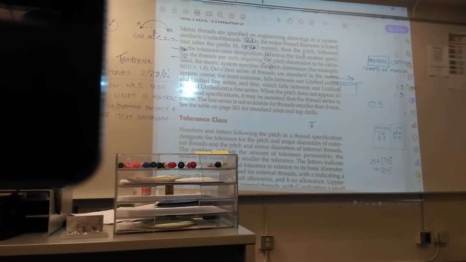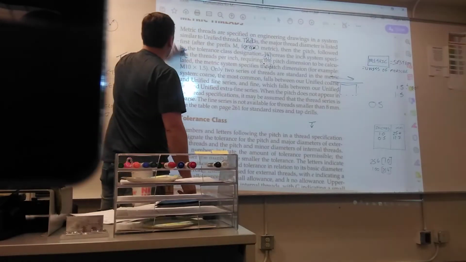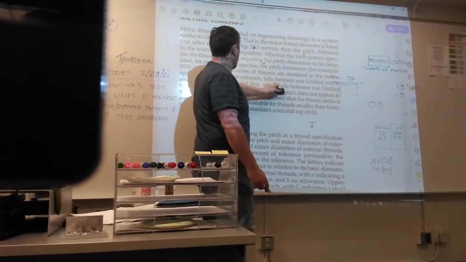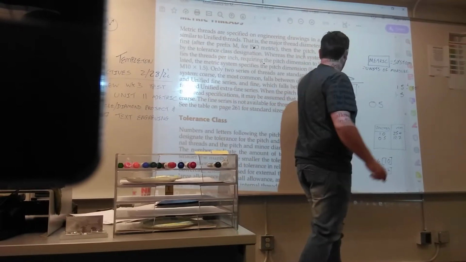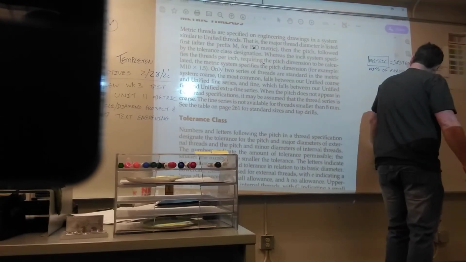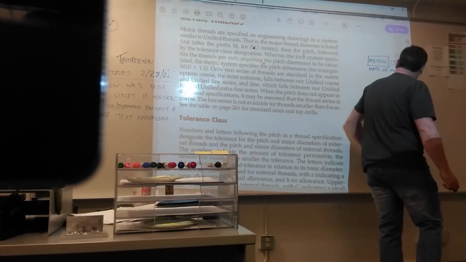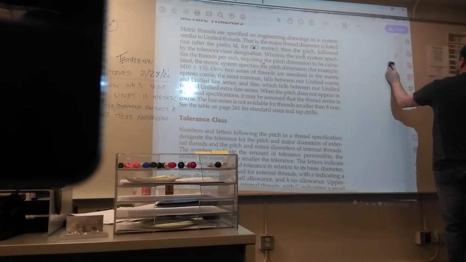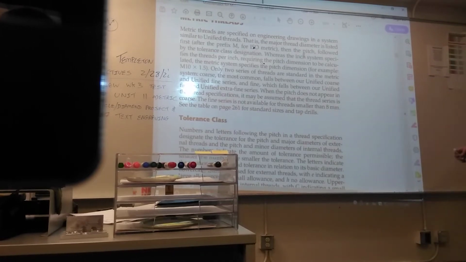And this is where it gets a little bit more complicated. Metric threads. So the first sentence says metric threads are specified on engineering drawings in a system similar to unified threads.